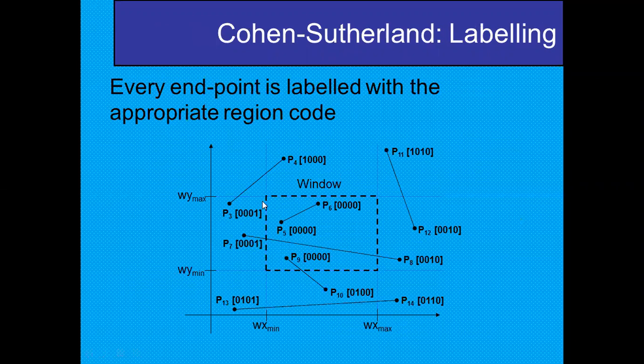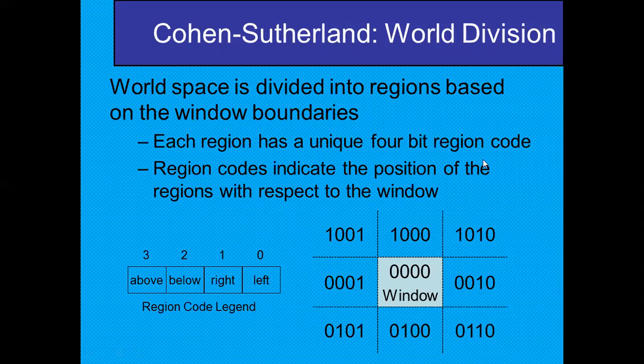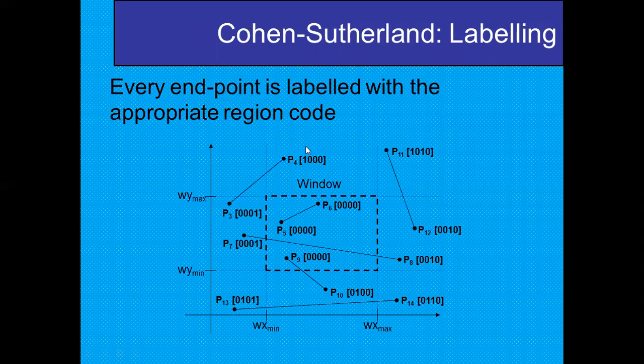So you can provide to P3 and P7 the code 0001, because this is lying in this region. Similarly, P4, check here, it is 1000, because this is lying in this region. So you can replace all these endpoints by the 4-bit region codes.